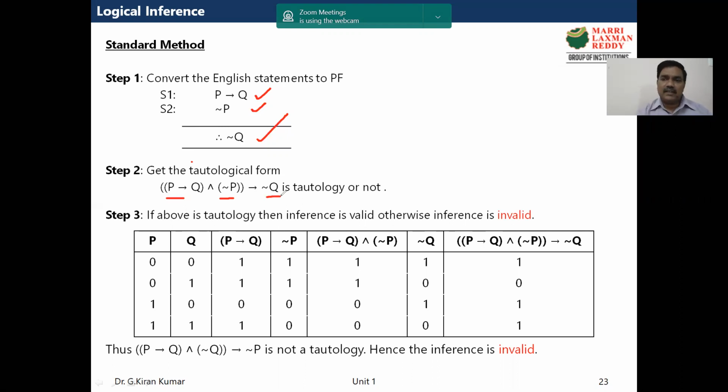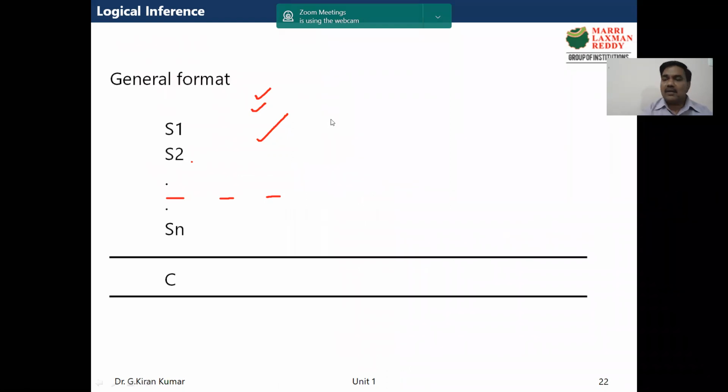But in general, how do I write it? There could be 2 statements, 3 statements, or any number of statements. Suppose this is the general form: S1, S2, and so on, Sn. The tautological form is very simple. Take S1 and connect with AND, take S2, S3, S4, S5 and so on up to Sn.